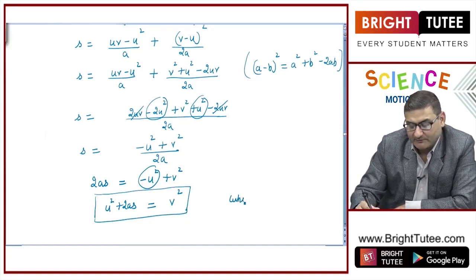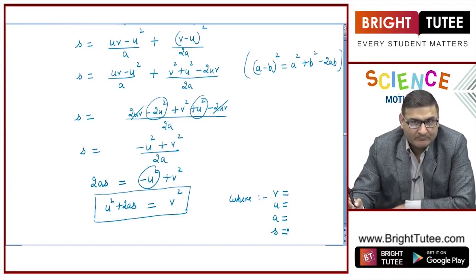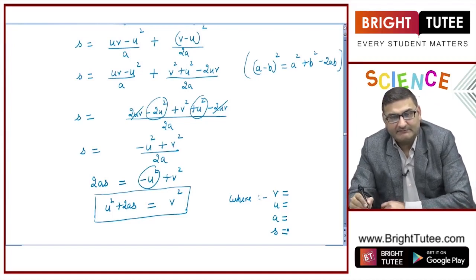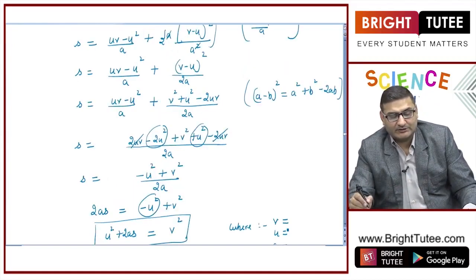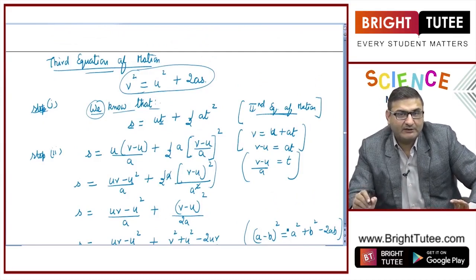Of course, we will be specifying where v is the final velocity, u is the initial velocity, a is the acceleration and s is the distance travelled. Clear to all? So, this is the derivation of the third equation of motion. Just 2 steps, that is what we need to remember.